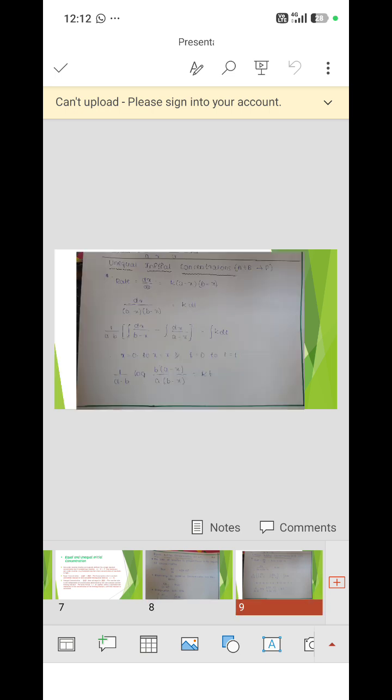Unequal initial concentration derivation.